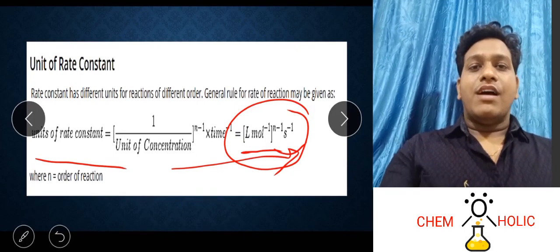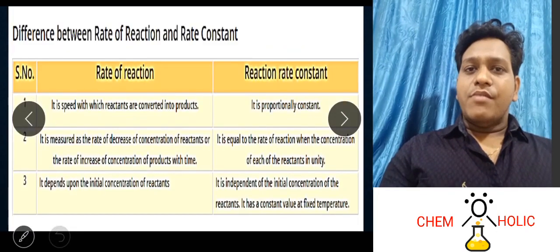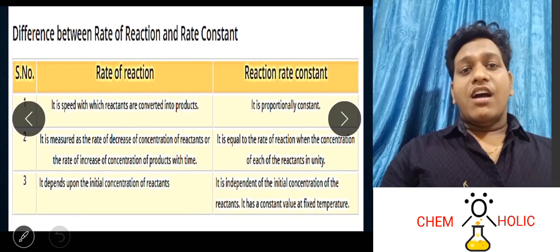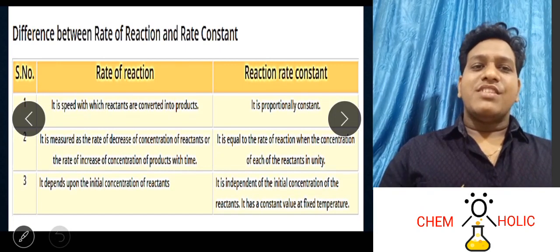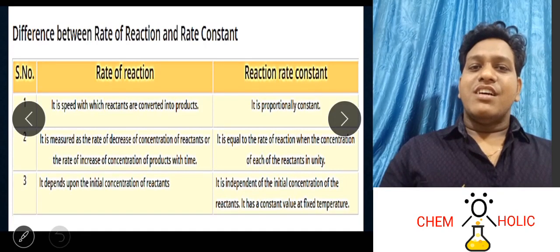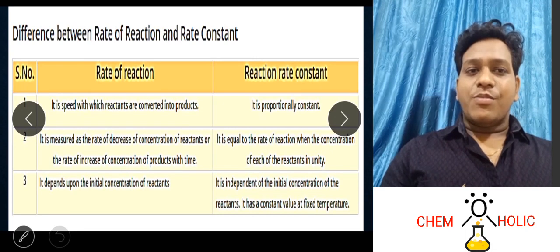Okay, so I think this was one top topic, and one more thing comes, that is the difference between the rate of reaction and the rate constant. It's a totally different topic. Rate of reaction is the speed at which the reactants are converting into product, and the rate constant is the proportionality constant.